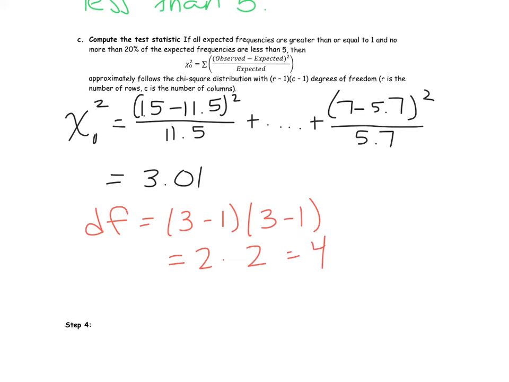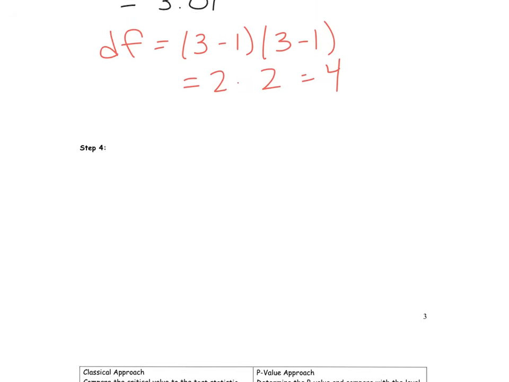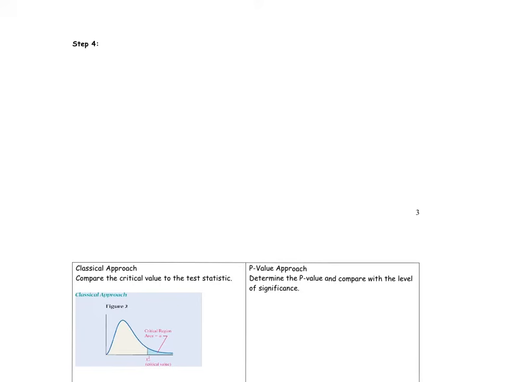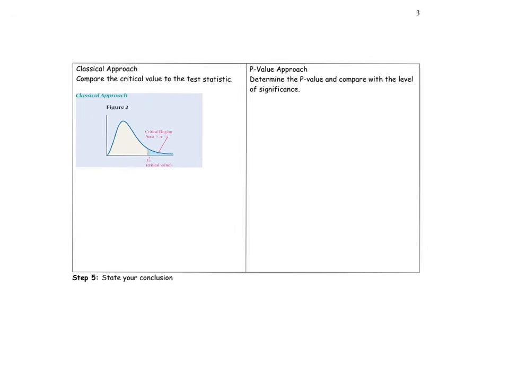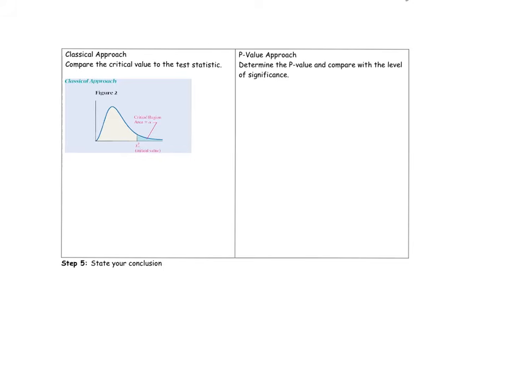All right, so now let's go to our chi-squared distribution. And we're going to see if our test statistic 3.01 is unusual using the classical approach or the p-value approach. So let's remind ourselves of a couple things. Our test statistic is 3.01, our alpha is 0.05, and our degrees of freedom is 4. So let's look at the classical approach. Here is our chi-squared distribution.